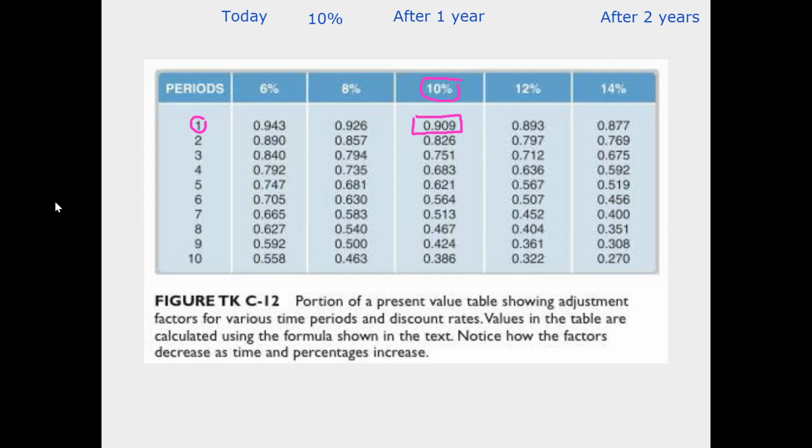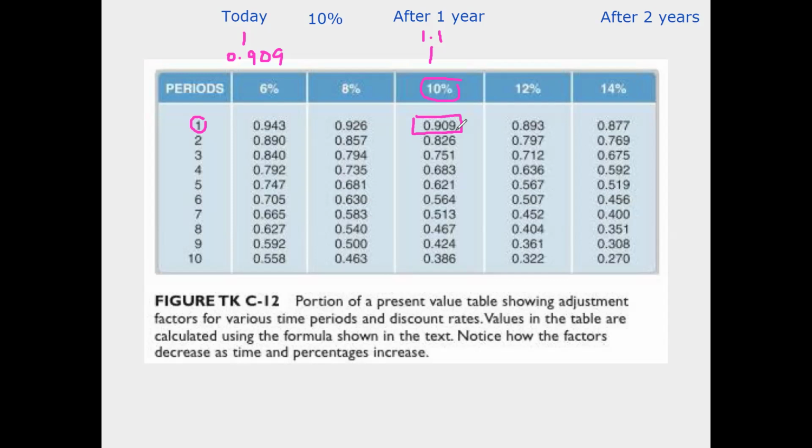The question I'm going to ask: if I had $1 on day one, how much are you getting after 1 year? You get 1.1. And if you want to get 1, how much do you have to have today? It will be 0.909. You can check the values, and that's what we are going to get from this table.